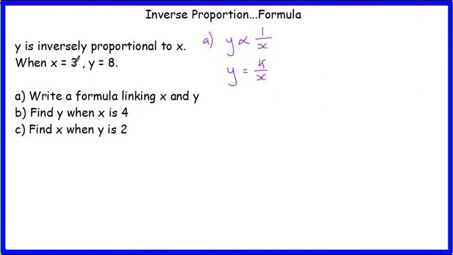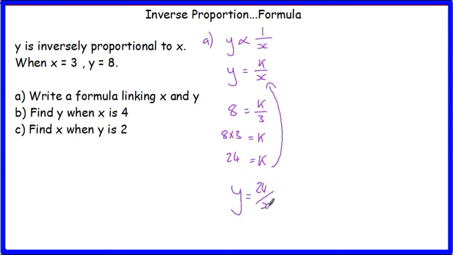When x is 3, y is 8. So put that in. That makes k equal to 8 times 3. k is equal to 24. Plug that back in. y is equal to 24 over x.